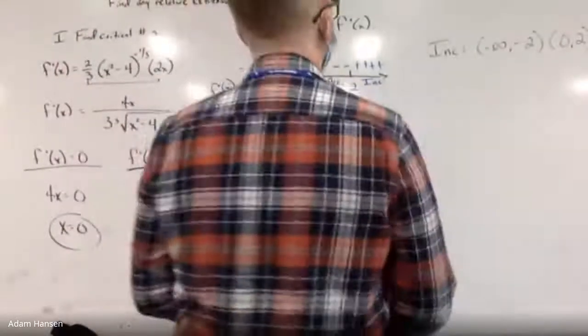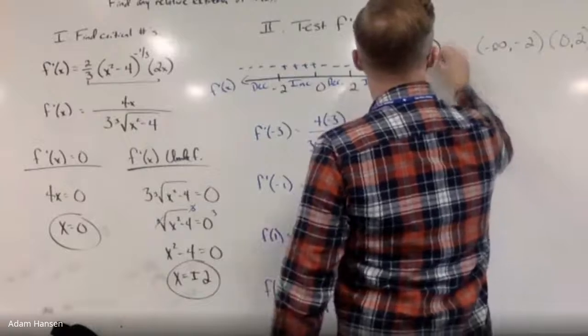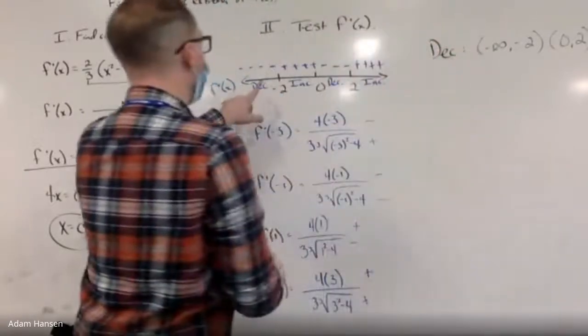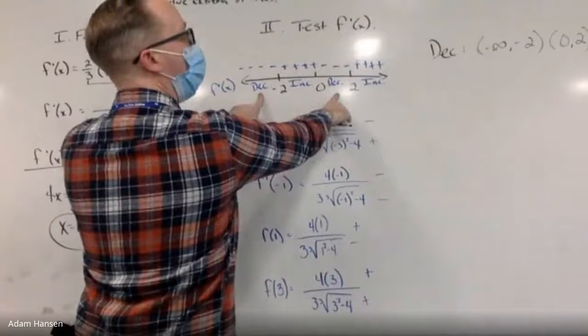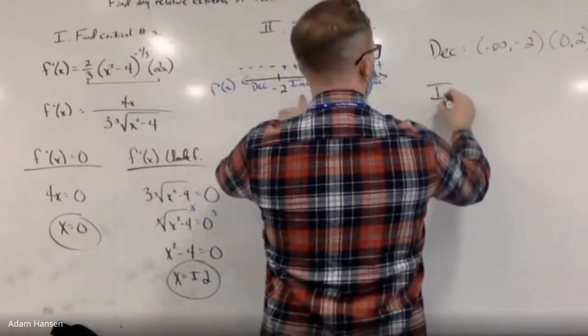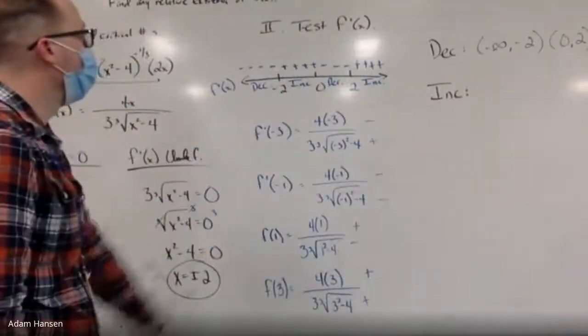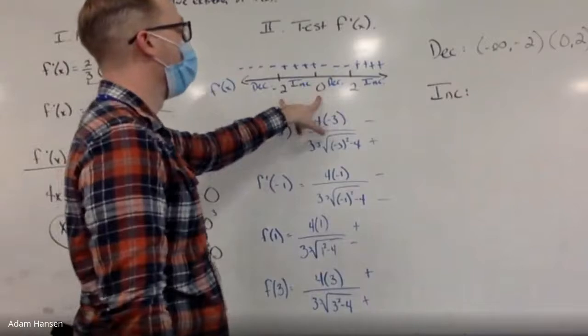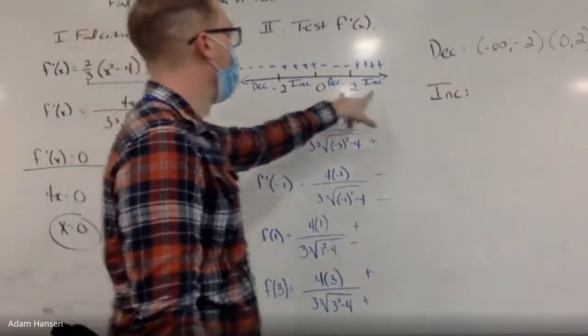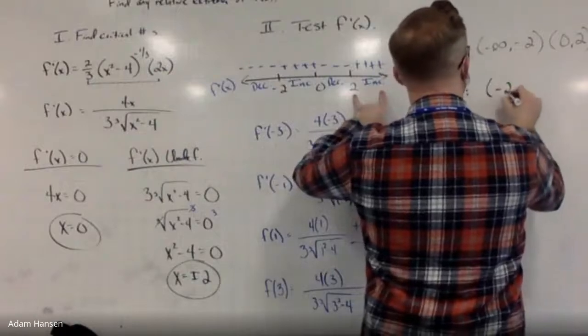We're decreasing on this interval. On that? Because isn't the derivative negative on those two intervals? And then positive on the other two. So it's increasing from -2 to 0. That's where the first derivative was positive. And from 2 to infinity, also where the first derivative was positive.